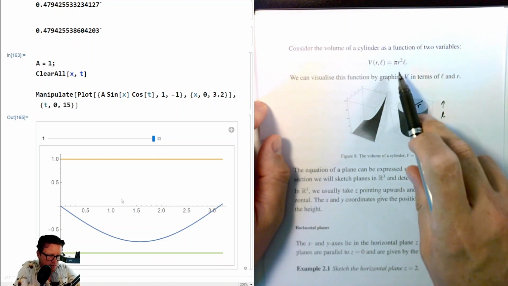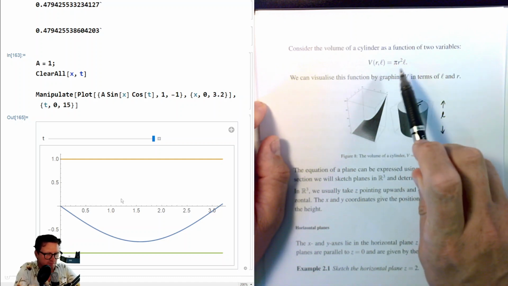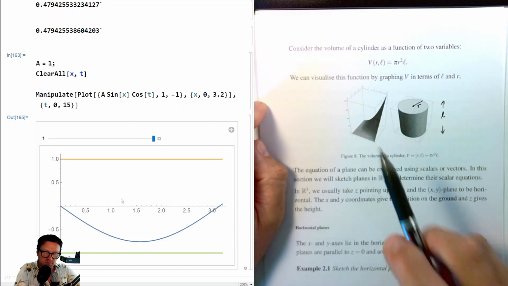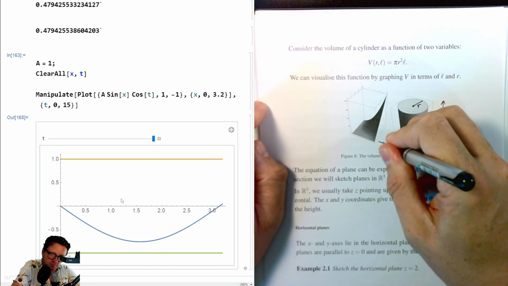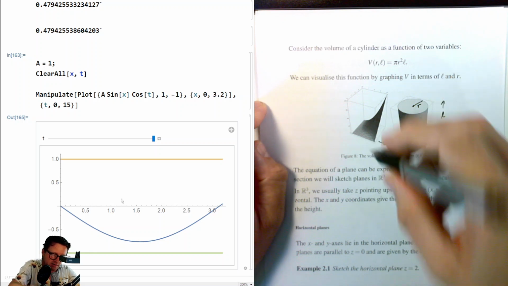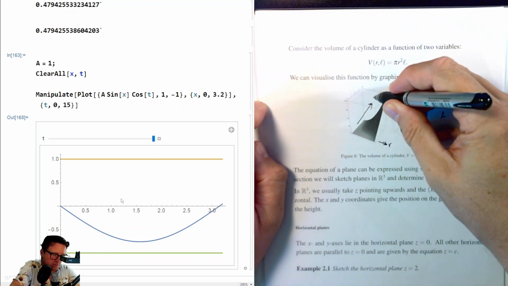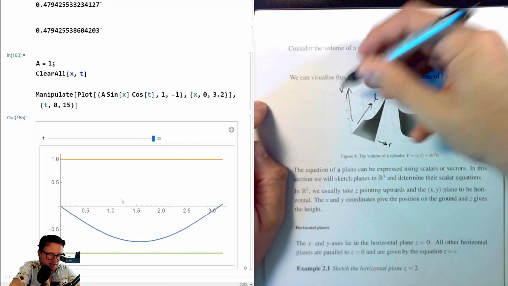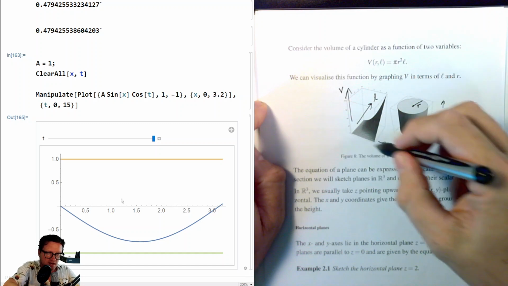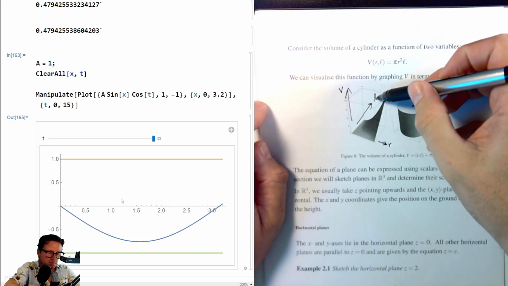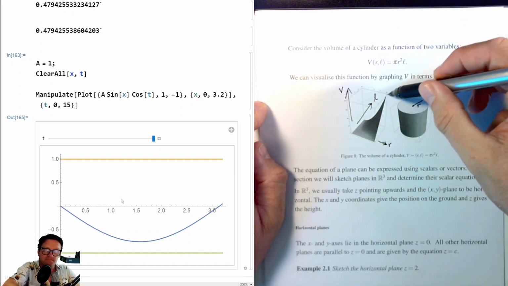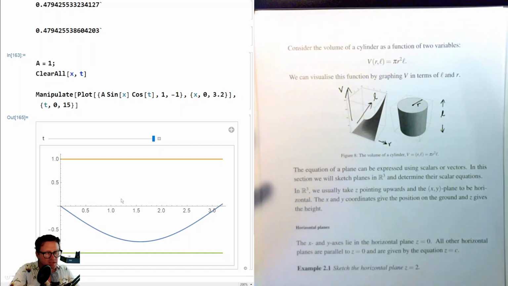But we can also plot V as a function of the radius and the length. So as the radius gets bigger, that's out here for the radius, and then this axis would be L, and this axis up here is that volume. So as the radius increases, and as the length increases, so does the volume, right? So we can visualize that in two ways, right?